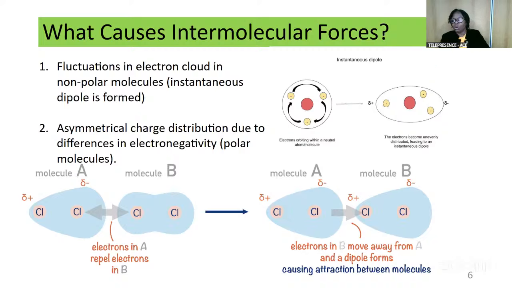As you go on, you find that the electrons can become unevenly distributed as one atom or molecule approaches the other, leading to an instantaneous dipole. It's not a permanent dipole, because a permanent dipole is actually a type of bond that you have in molecules.